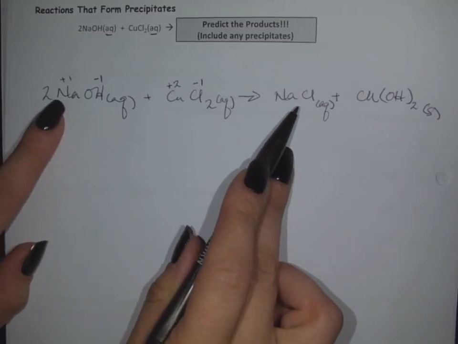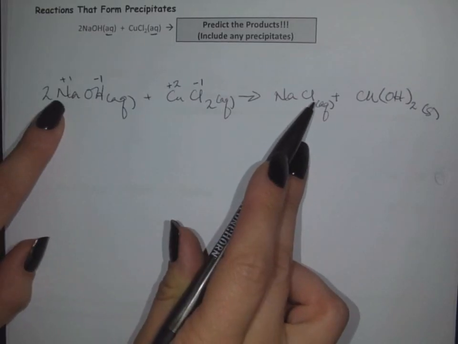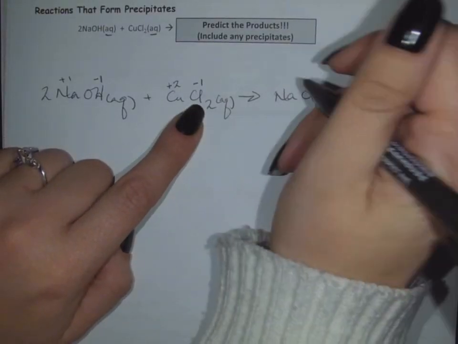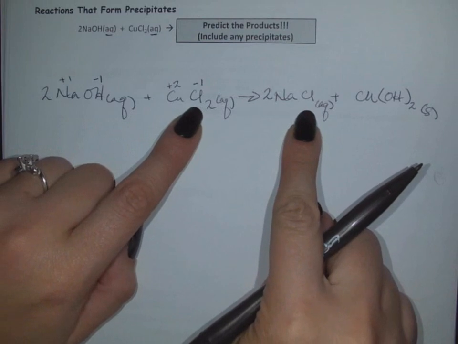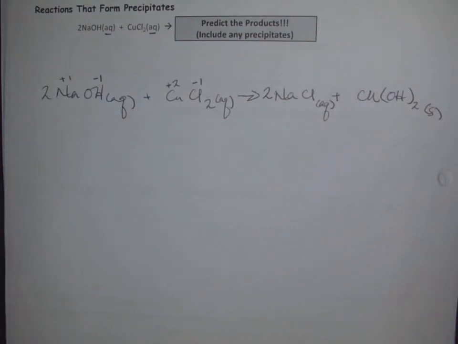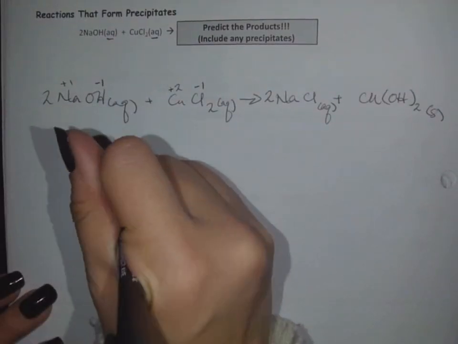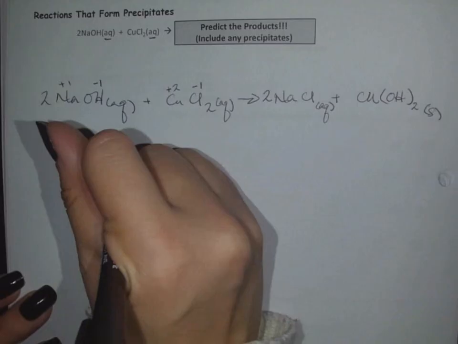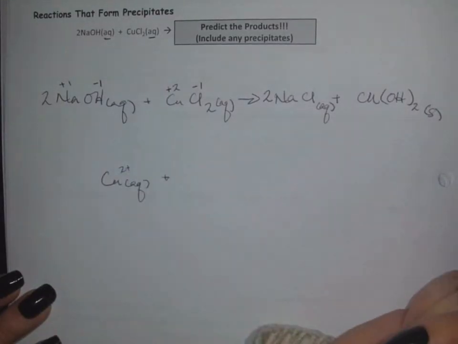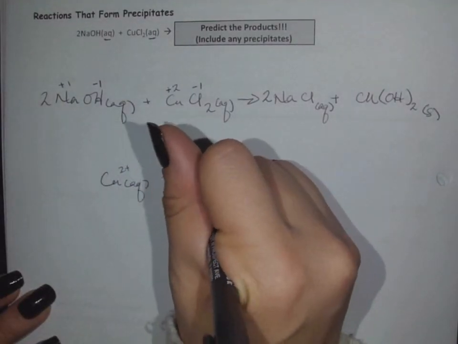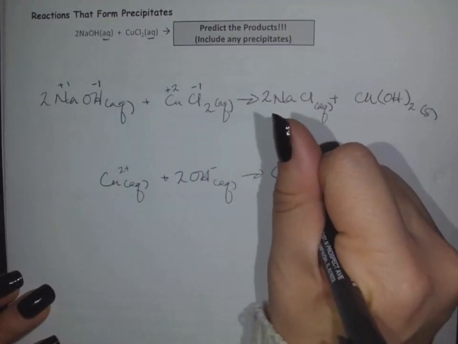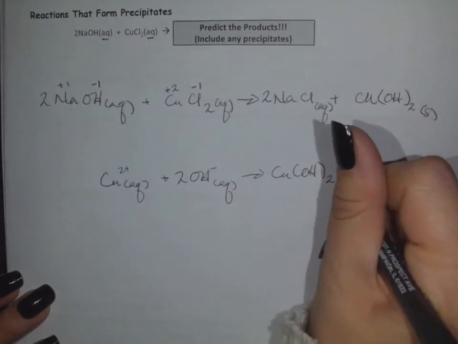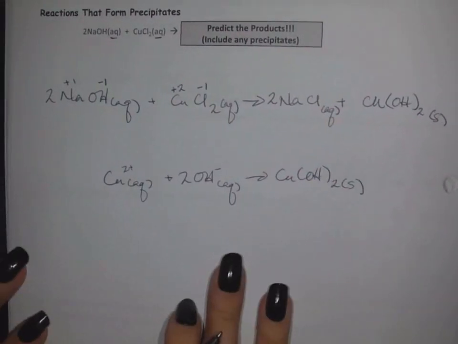What I'll find is that the sodium and the chlorine are the spectator ions. There's supposed to be a 2 here to get this all balanced. So those will be our spectator ions. And what we'll be left with for our net ionic will be copper aqueous 2+, and 2 hydroxide minus aqueous turns into Cu(OH)2 solid.